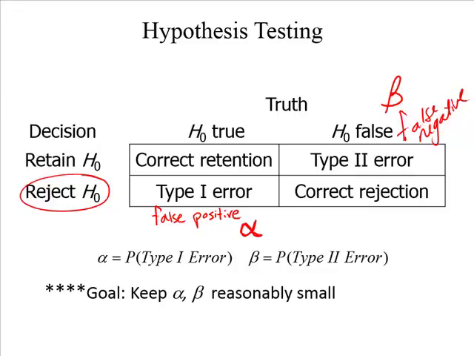Now, beta we can actually help improve by having larger sample sizes. But alpha is a decision that we make. We want to keep it as small as possible, right? Because we want to make sure that we're not saying that there is a relationship, reject the null hypothesis, when we shouldn't have. We want to keep those incidents down as much as possible.